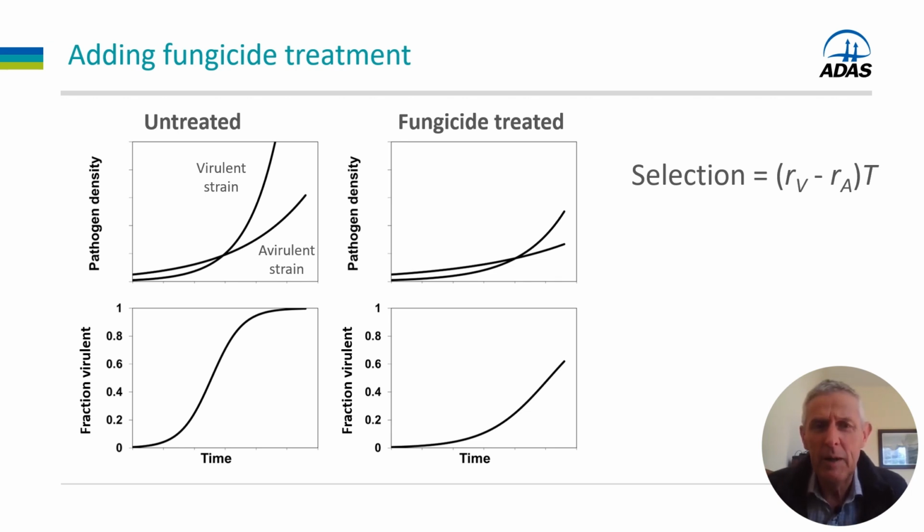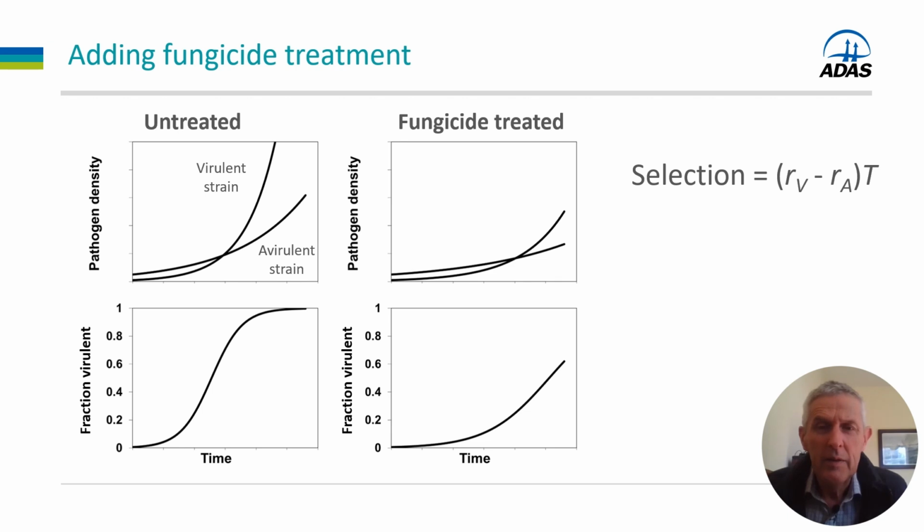But if we imagine we applied a fungicide program to that field, then the fungicide should be effective against both the strain that's virulent and the strain that's avirulent, and will reduce the growth rate of both. And that has the effect of reducing the difference in the growth rate between the strains, and therefore reducing the rate of selection for virulence. And we can see that in the bottom right diagram, where the fraction virulent is growing more slowly.